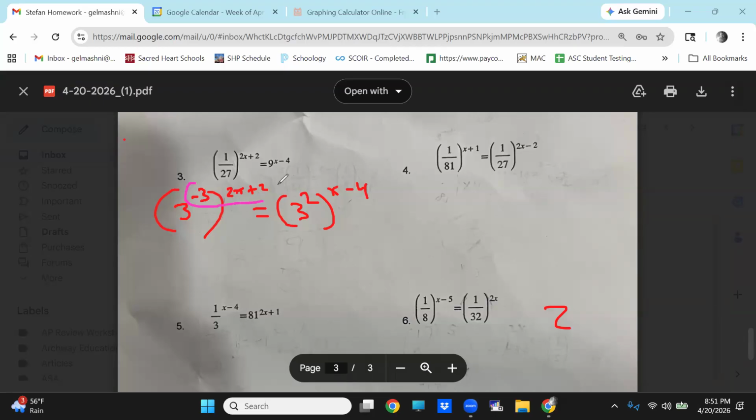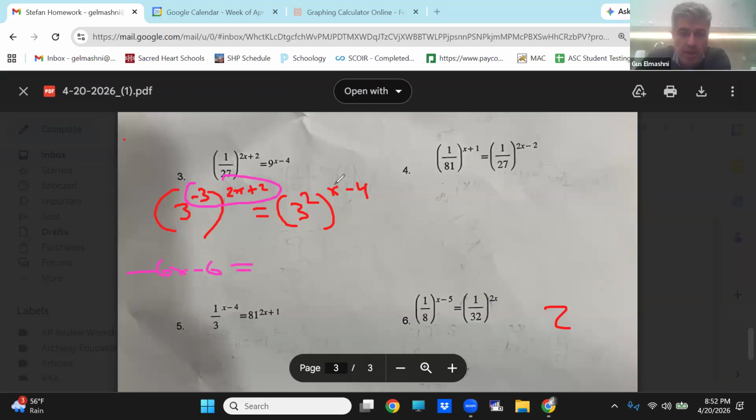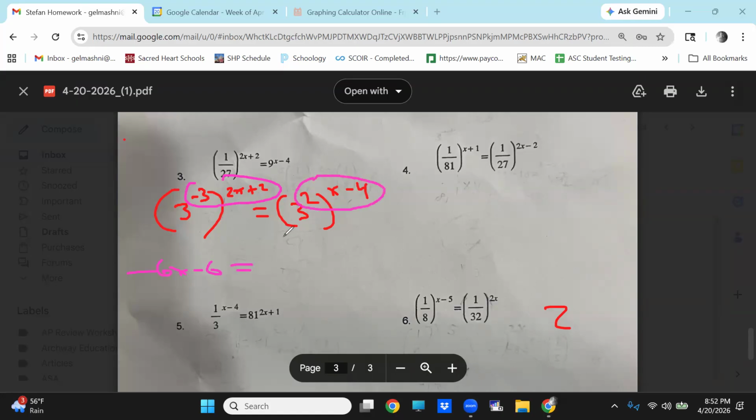So that's negative 6x and then plus negative 6. Okay, so we're just saying negative 6. And then here, combine it. What do you get when you combine 2 with x minus 4? Just do the same thing we did on the other side. Oh yeah, I got this. It's 2x minus 8.